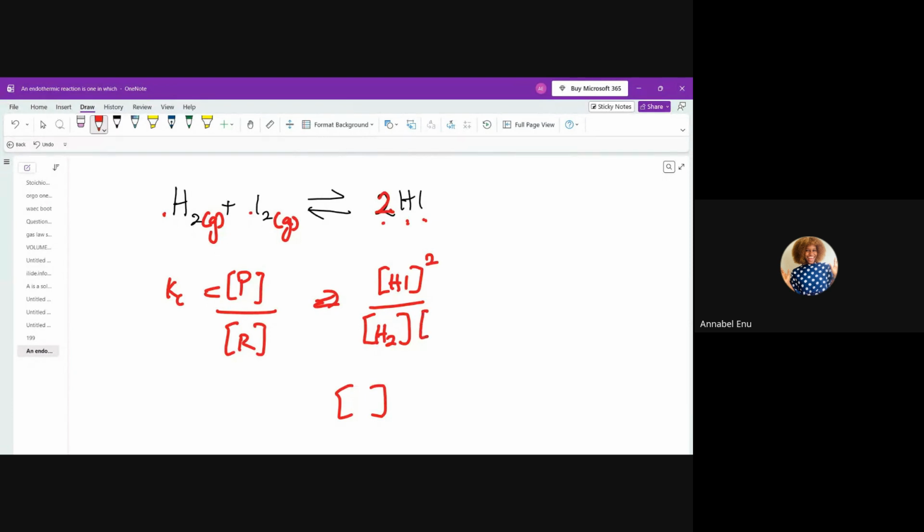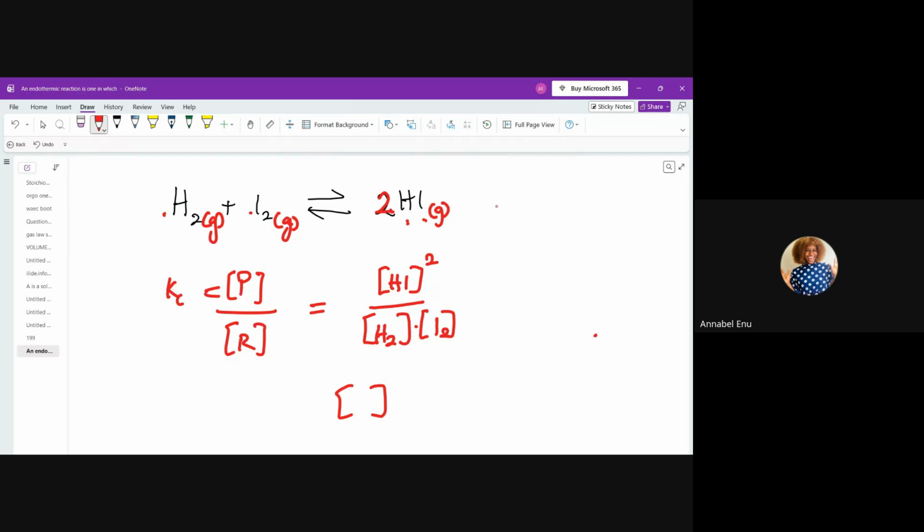And then also the concentration of the iodine molecule. So remember to write the 2. All these numbers that are subscripts, the numbers at the bottom, are not the numbers we write at the top as powers. Do you understand? Yes, ma. So that is how we write the equilibrium constant, and I was saying it should be for gases.